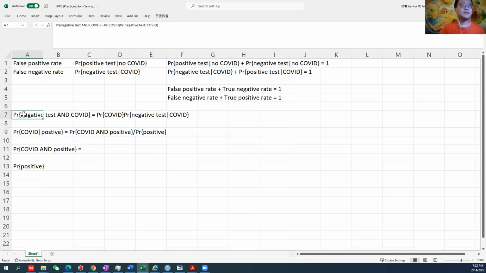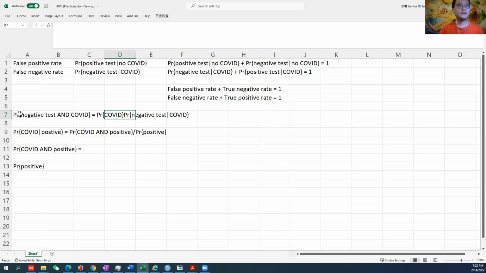As I illustrated on the 7th row, for example, the probability of getting a negative test result and being an actually COVID infected person is calculated by multiplying the chance of getting COVID, then under this condition, being conditioned on a person already getting COVID, the probability to receive a negative test result.